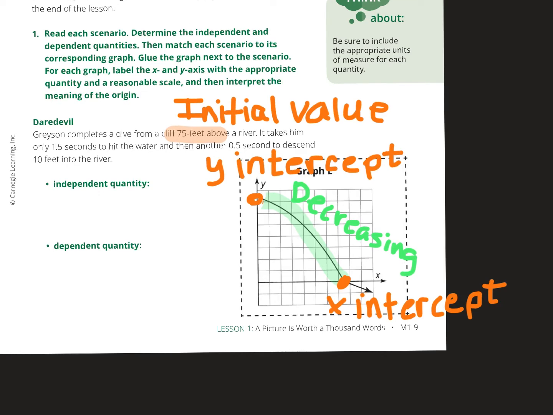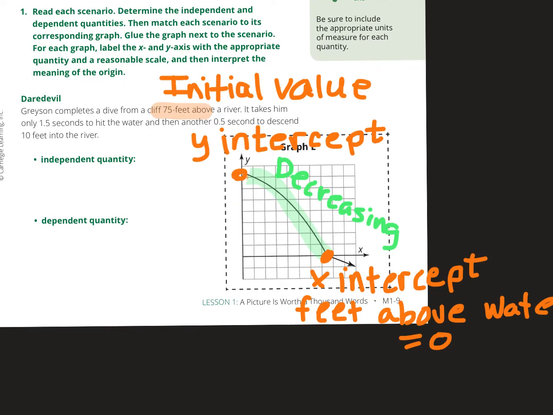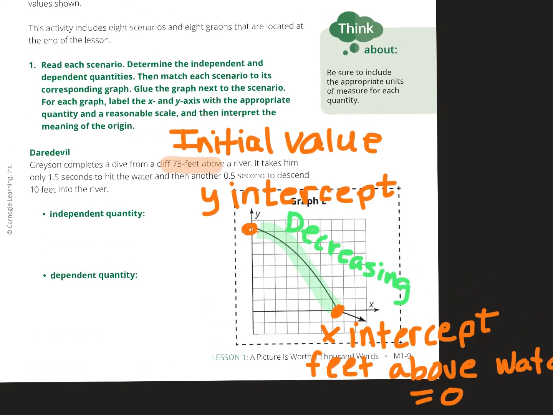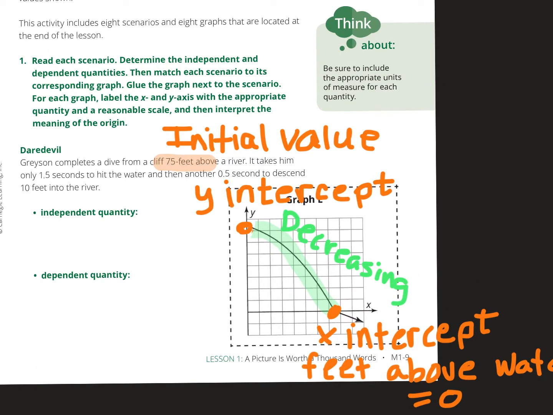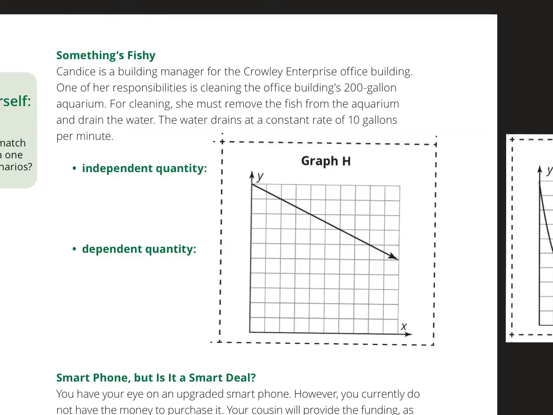Well, for our terms here, we can say that in this situation, the X-axis kind of represents the level where he hits the water, right? So a lot of us consider that his elevation, his feet above the water, is now going to be 0, because he's now at sea level. So these are a couple of important key characteristics that you can find on this graph.